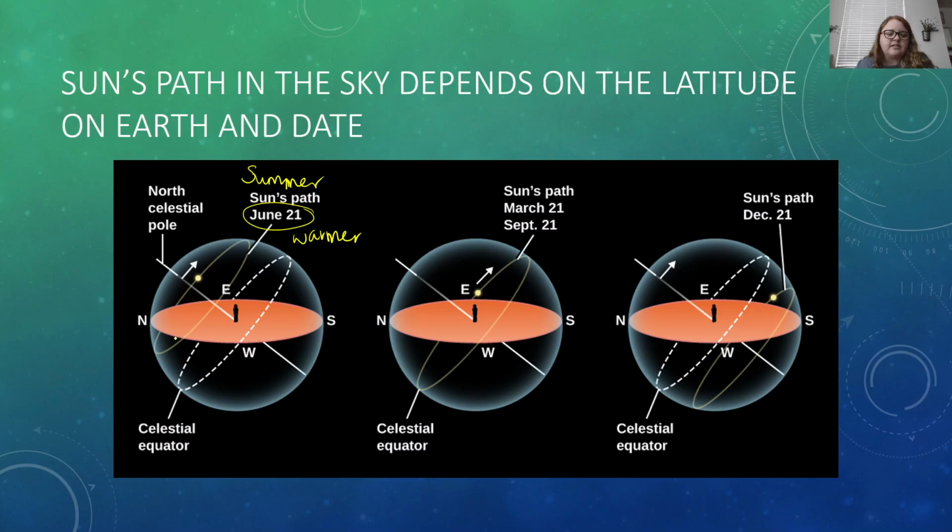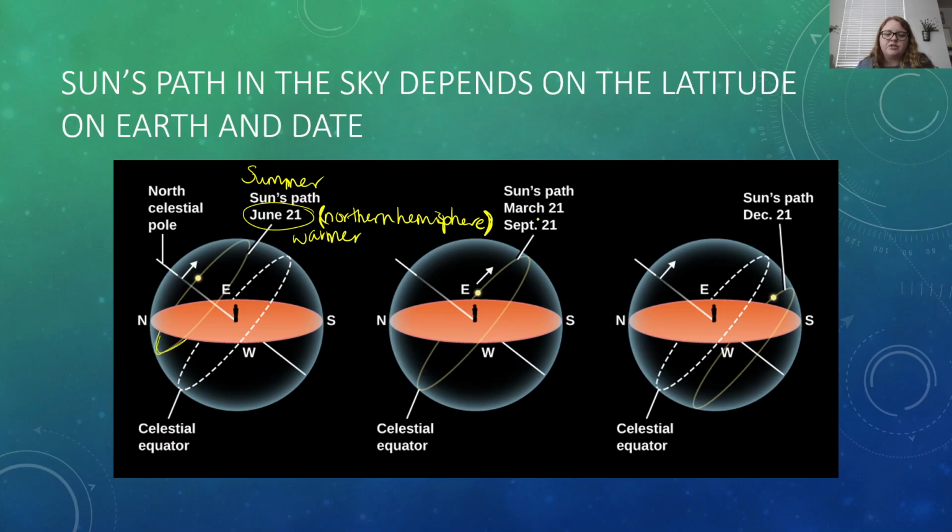Okay, there is a little bit of time here where it's not, but not a ton. We have a lot of time that the sun is in our sky. Okay, and this, I should say, northern hemisphere, for all of this. Okay.